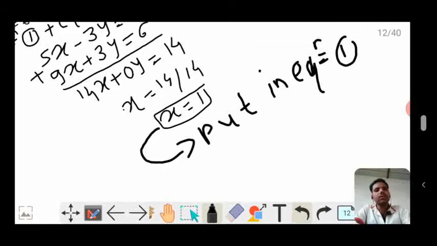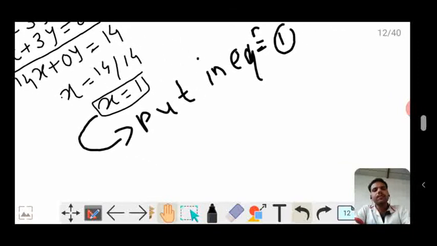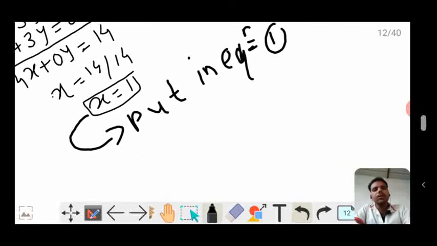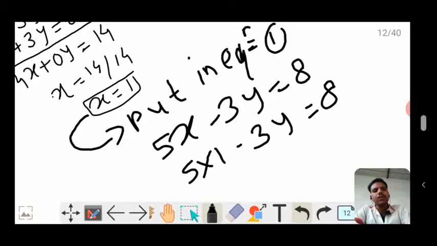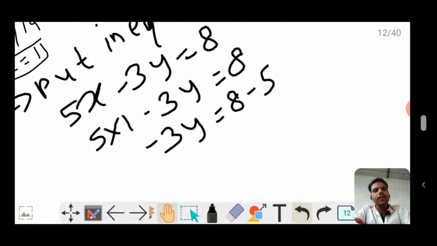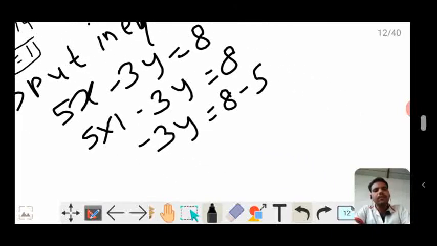So let's solve. Equation 1 is 5x minus 3y is equal to 8. The value of x is 1, so we get 5 into 1 minus 3y is equal to 8. So minus 3y is equal to 8 minus 5, so we get minus 3y is equal to 3.